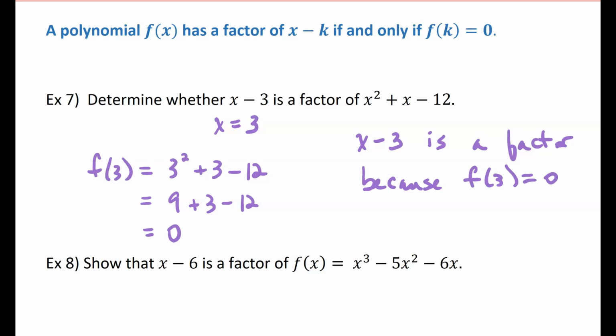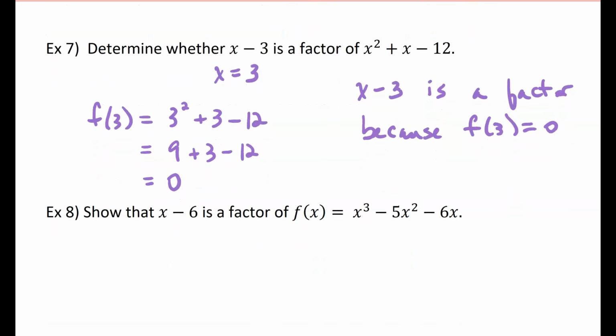So again, I could apply the factor theorem and try plugging it in. So again, if the factor is x minus 6, that means x is equal to 6. And I go to plug this in, and I get 6 cubed minus 5 times 6 squared minus 6 times 6.